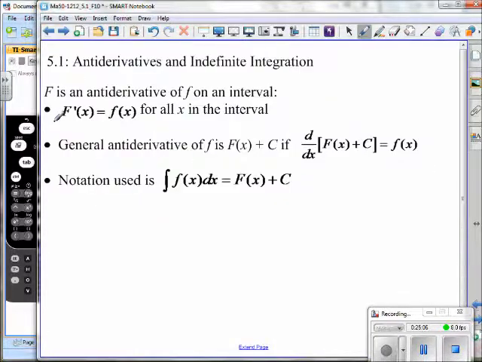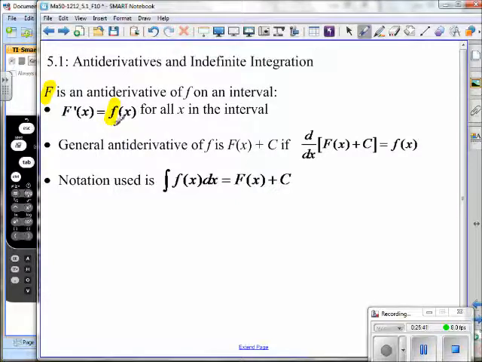Let's go now to the notes, and again, I will make these available to you. We're talking antiderivatives and indefinite integration. Remember, in math, capital letters and lowercase letters do not mean the same thing. So capital F is the antiderivative of a function on an interval. In other words, if I take the derivative of cap F, I would get the derivative.